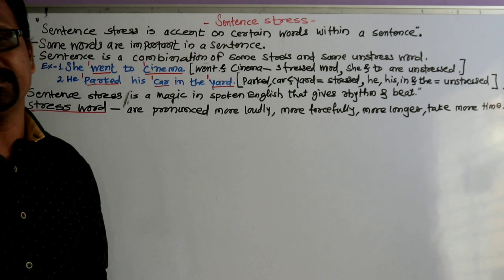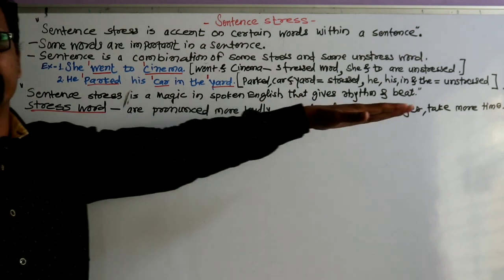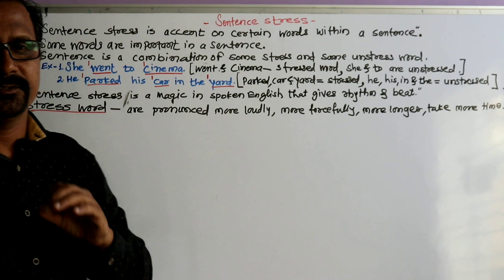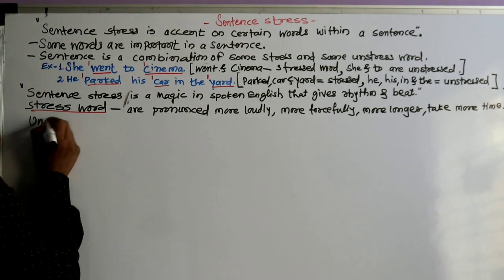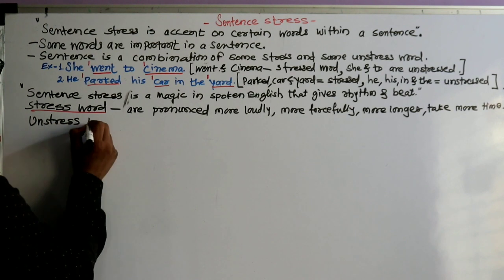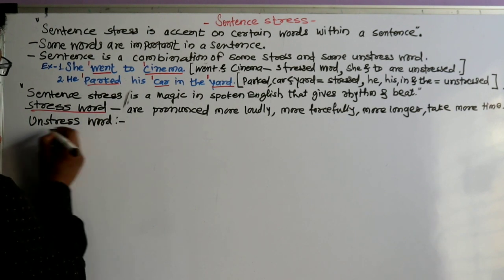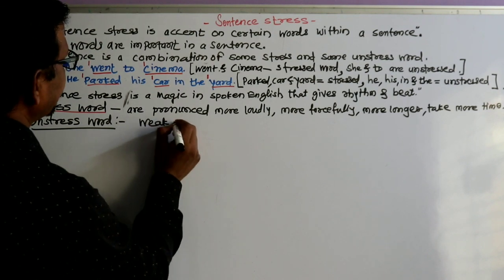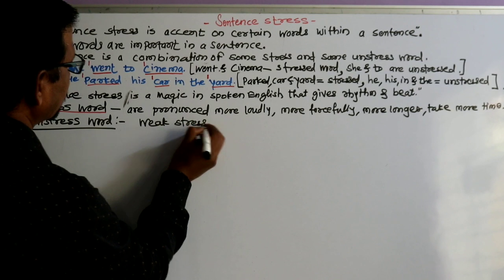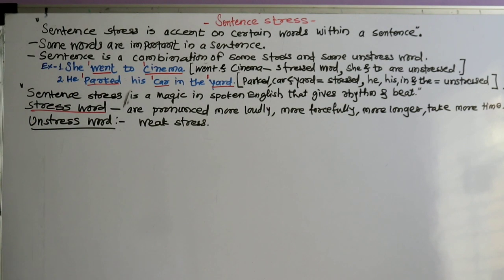A trace word always takes more time when we produce the sound. So untraced words are always, we can say, the weak trace. There is a weak trace on that particular word. So untraced and traced words always maintain the rhythm.